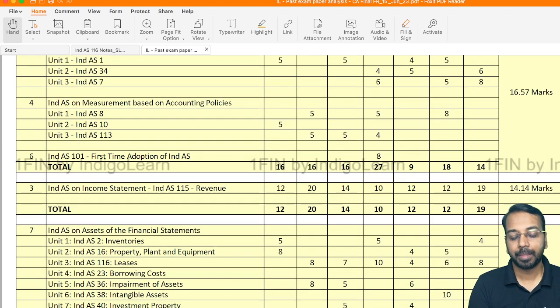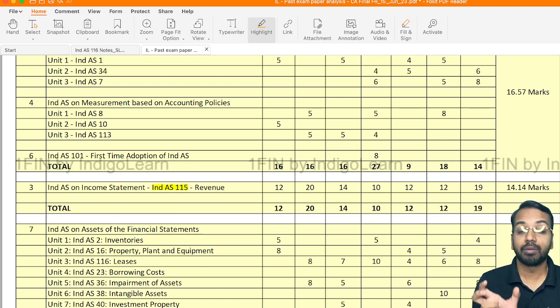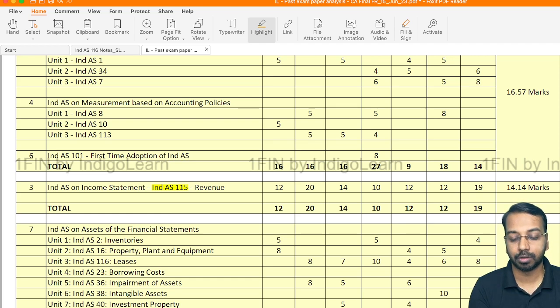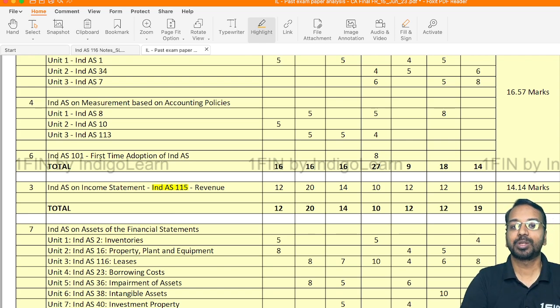The most important highlight is Ind AS 115, one of the longest standards and tested in almost every attempt for 12 to 15, and in some cases 20 marks. That is one standard where we will have more focus, because if I am able to secure a good number of marks in this standard, then my target of 60 becomes much easier.